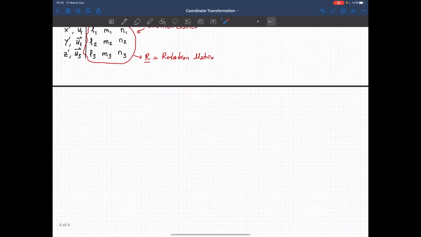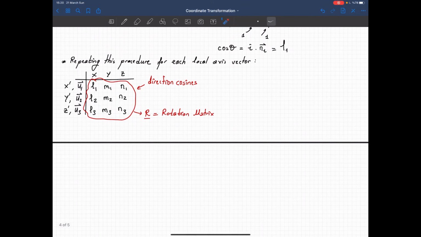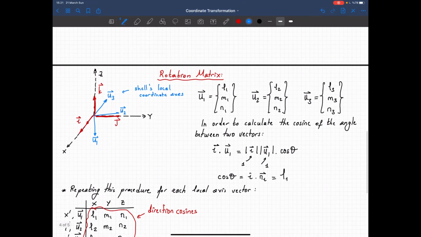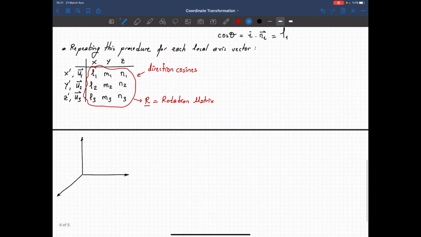Now the question is, okay, now I can calculate the direction cosines between two coordinate axes. How can I use it? Because I'm interested in transforming the displacements or the forces. Okay, so let's draw the same local axes this time.